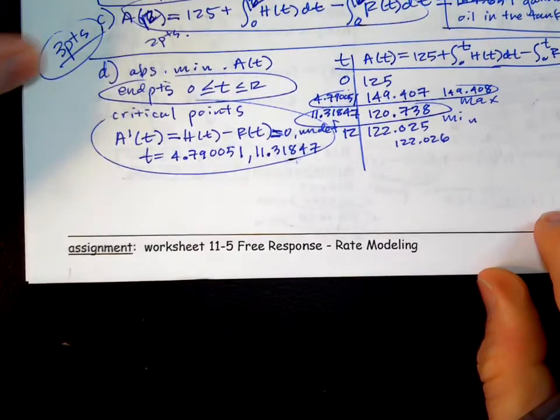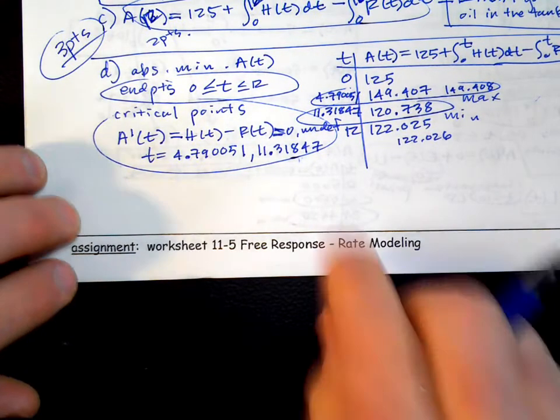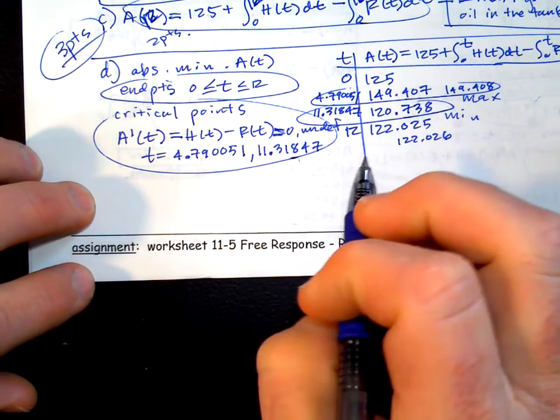So we're going to write a nice answer with units and justification. All this stuff is stuff that we need to get full credit, but also our final answer needs to be written nicely.